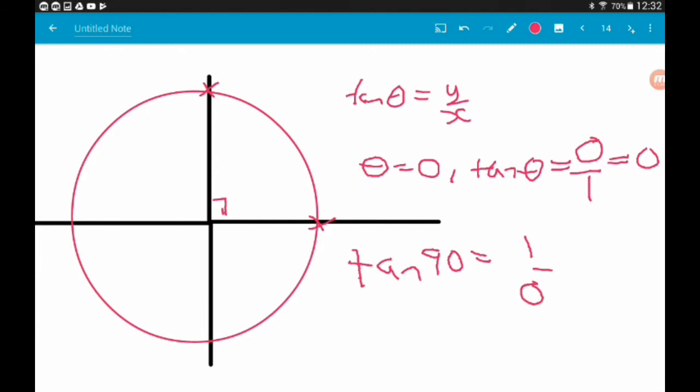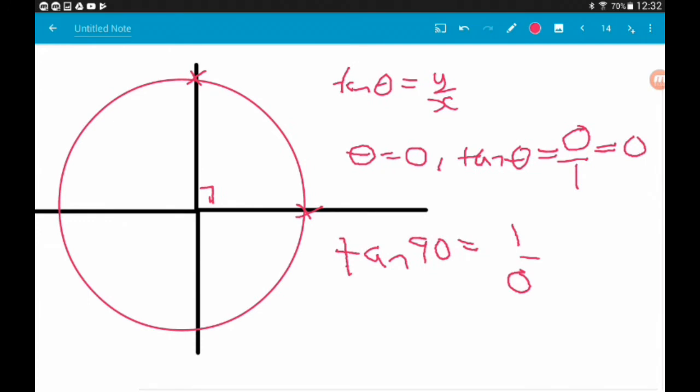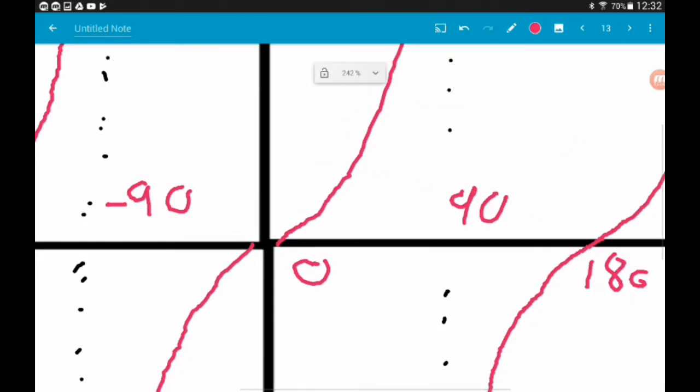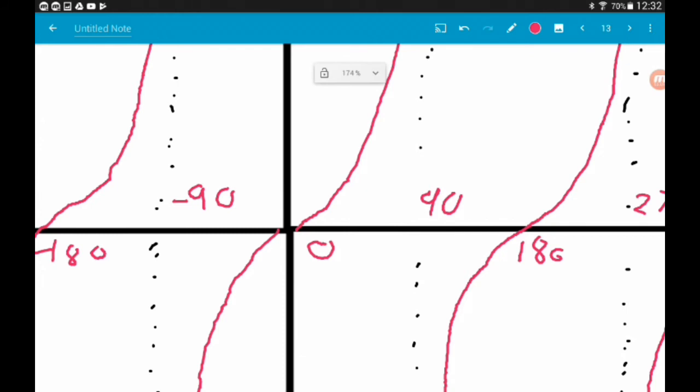Now, we got a problem there then, we can't do that. You can't do 1 divided by 0. So that gives us an unhappy face, because we can't do that. It's undefined.